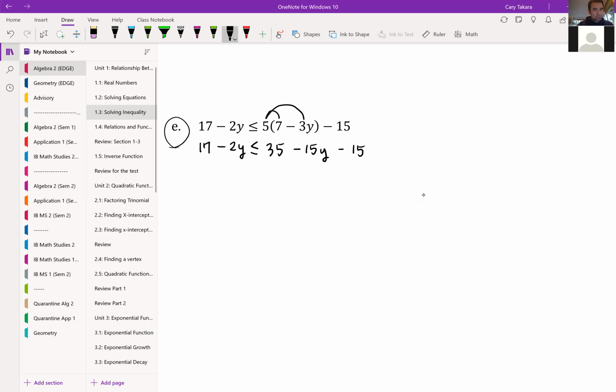You don't want to distribute 5 all the way to negative 15. That would be wrong because negative 15 is outside of the parentheses, right? You only distribute into the parentheses, okay? So that would be the first step.